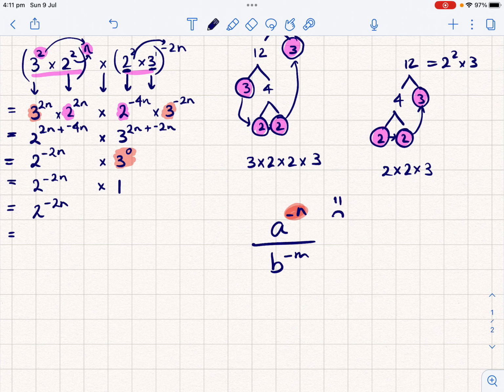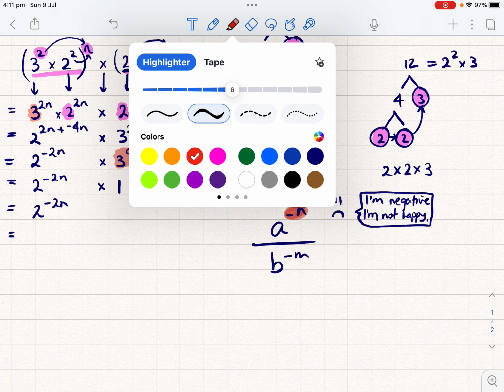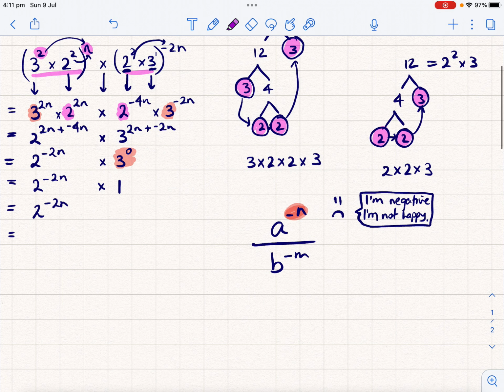I'm not happy. The reason this index is not happy is because it's not where it belongs. Where it belongs is on the other side of the vinculum line. So this wants to come down here to be happy on the bottom line.